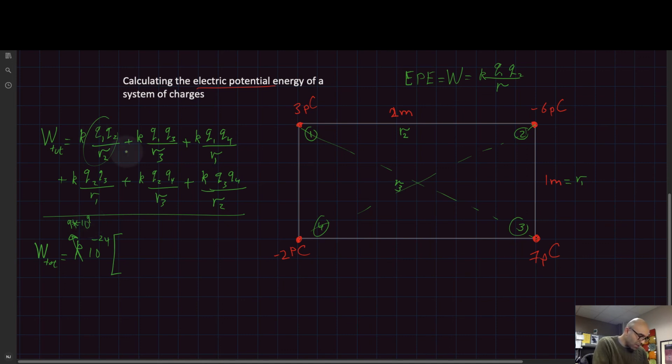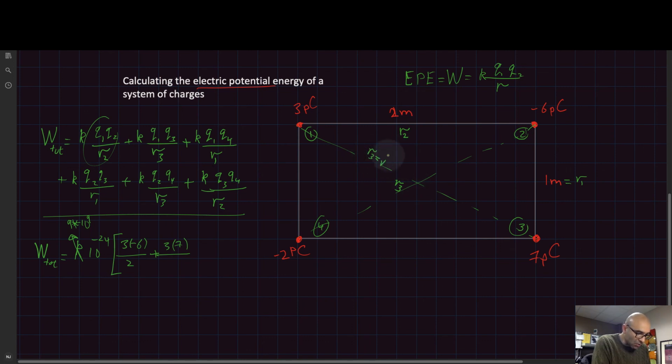So we end up here, Q1 is 3 times Q2 is minus 6 times minus 6, and divided by the distance between them is what? 2, plus Q1 is again 3 multiplied by 7 divided by R3. Now R3 is what? I'm going to calculate it here.